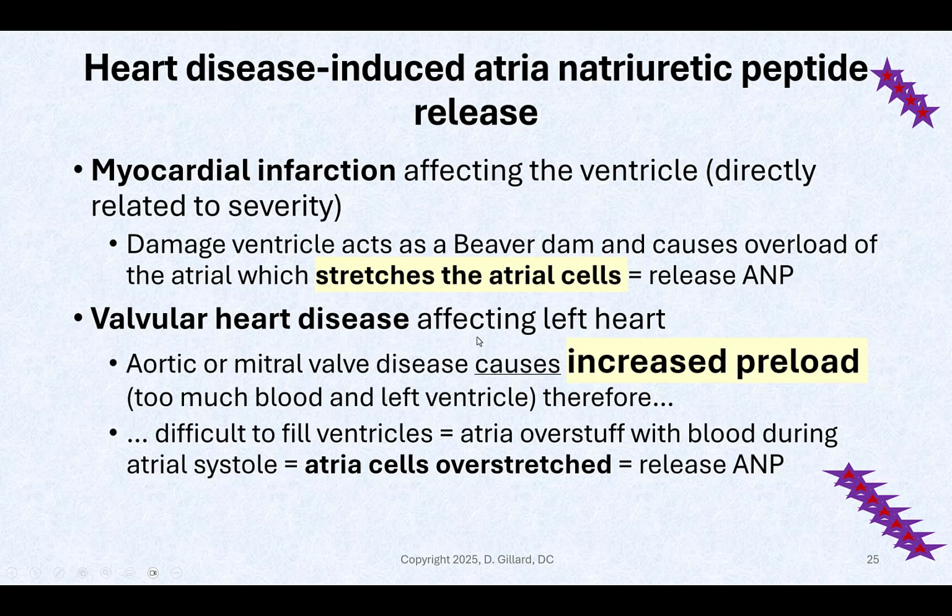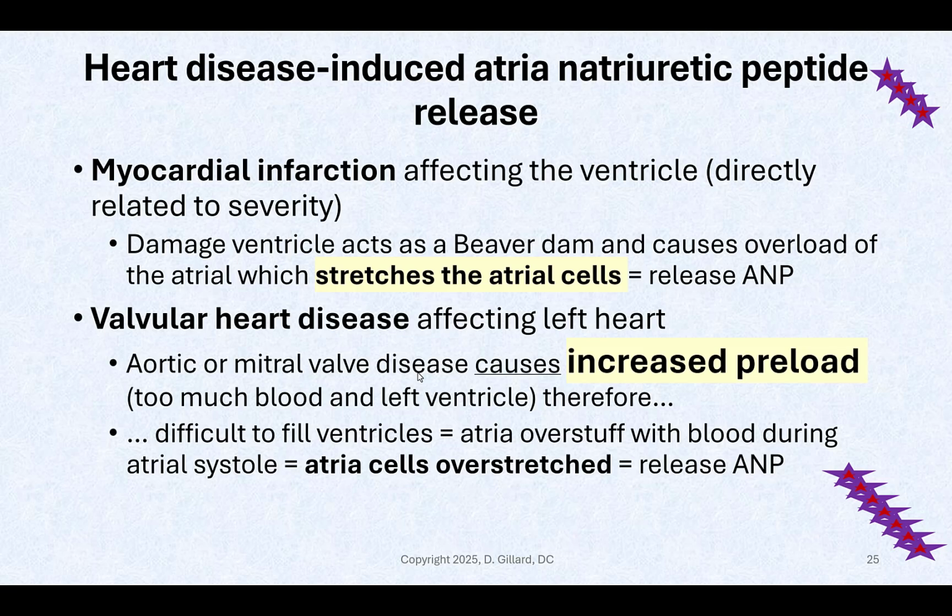Heart valve damage is the same thing. If you have a mitral valve stenosis or even aortic valve stenosis, and that can apply to the semilunar valves and the pulmonary valve as well, if those valves are not working right, again, you're not going to be able to empty the left heart completely.